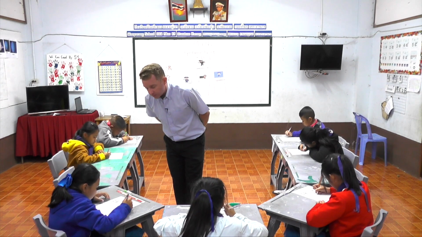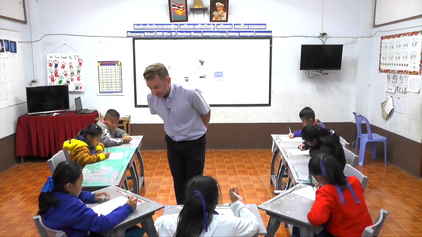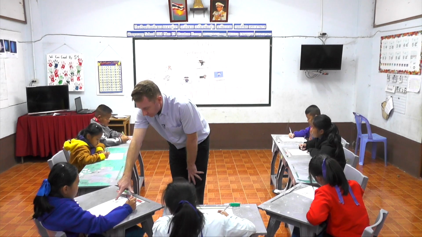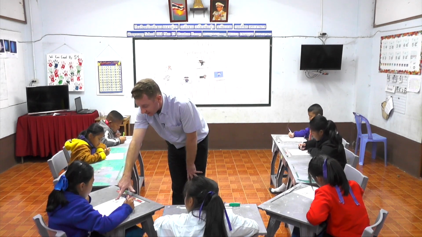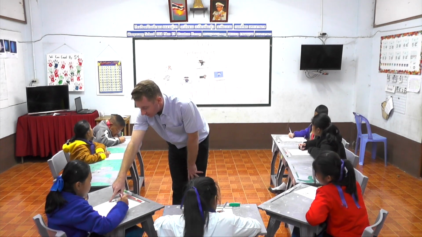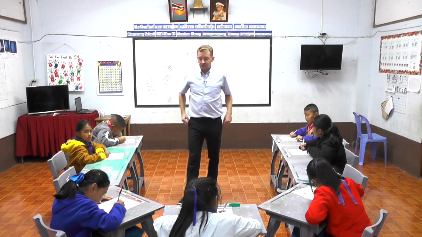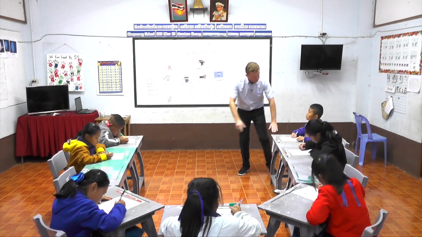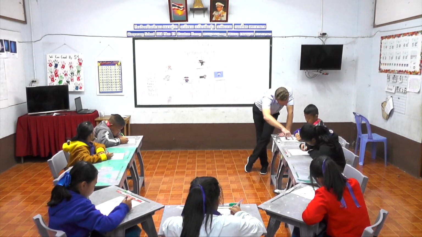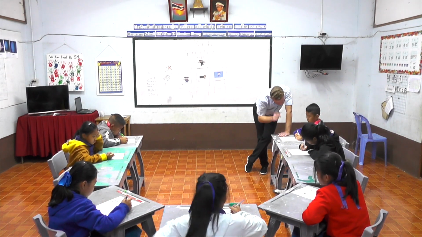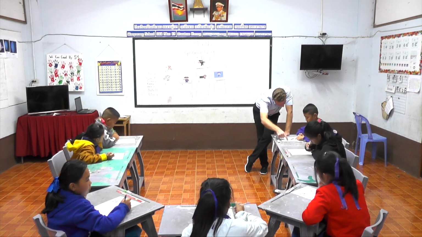What point is the postman standing at? So let's find the postman. And what's the point the postman is standing at? Point L. Perfect, Nadia. Okay, so now, what point is the postman standing at? So postman, which one is postman?